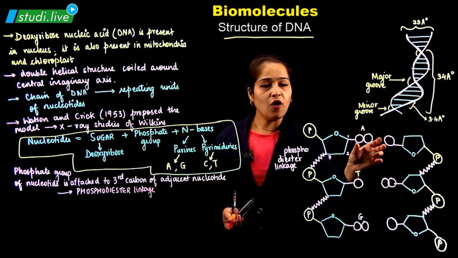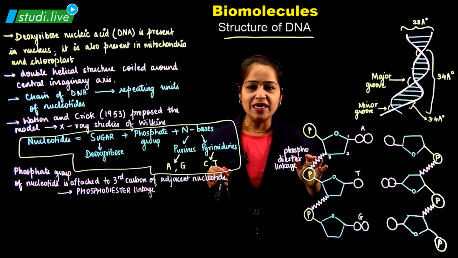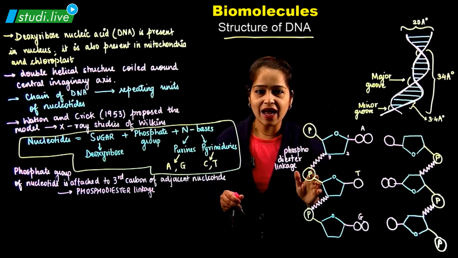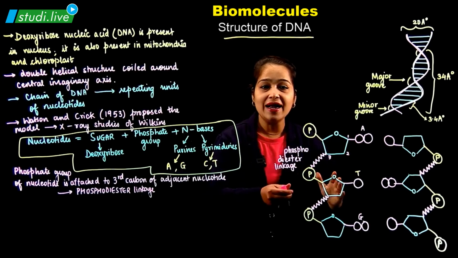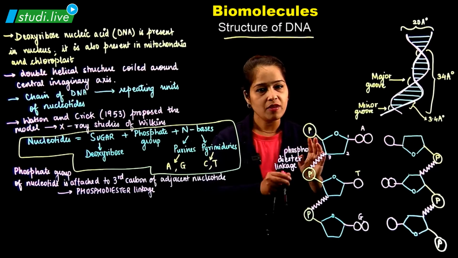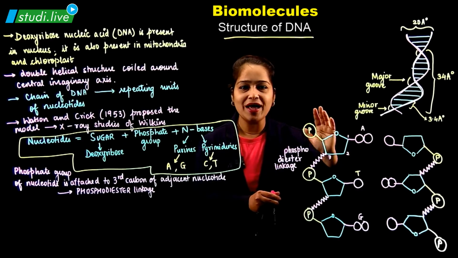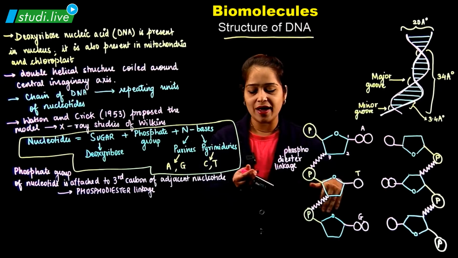Now this pairing of purines and pyrimidines, they are complementary, because when we describe DNA, it is double stranded, anti-parallel, and complementary. We have already seen what anti-parallel is: one strand running in upward direction, one strand in downward direction.